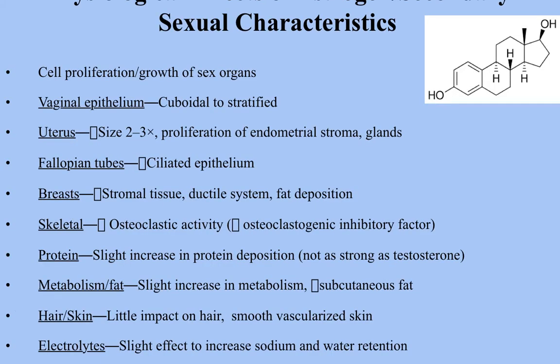All right, so estrogen or estradiol is what's responsible for the development of secondary female sexual characteristics. And just like males, those are something you're probably already familiar with. So the growth and proliferation of sex organs, or cell proliferation leading to the growth of sex organs.